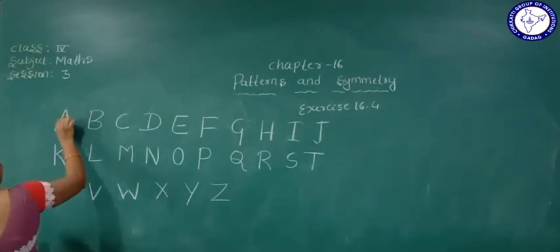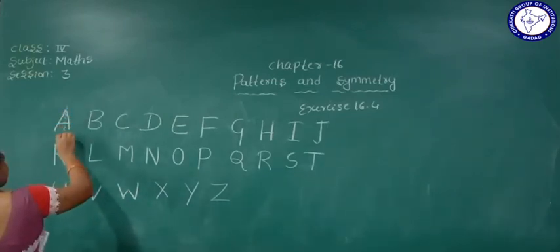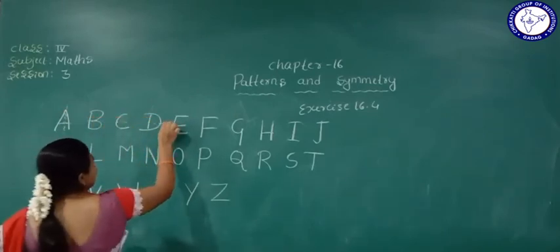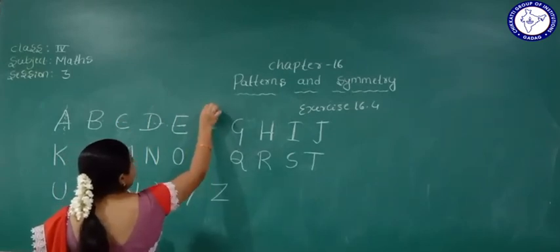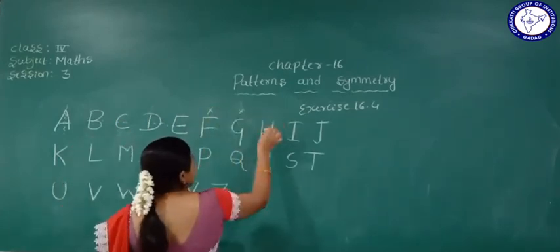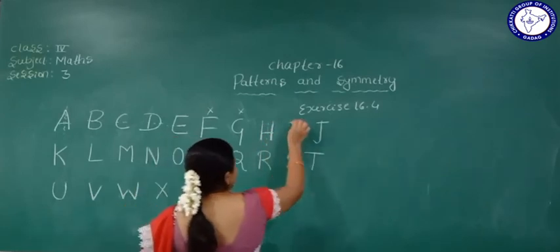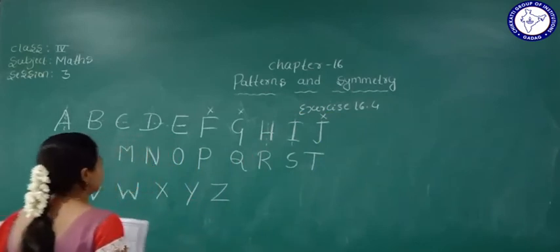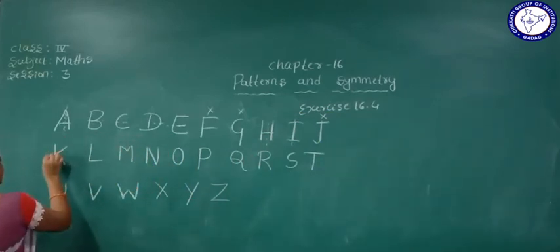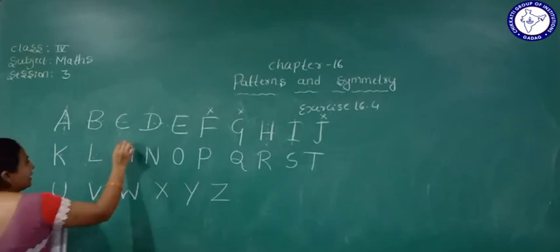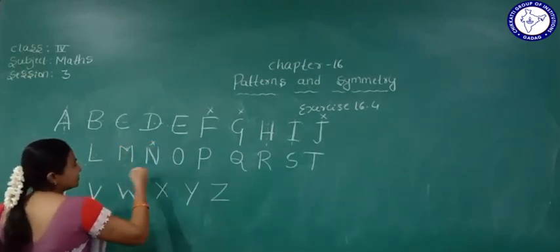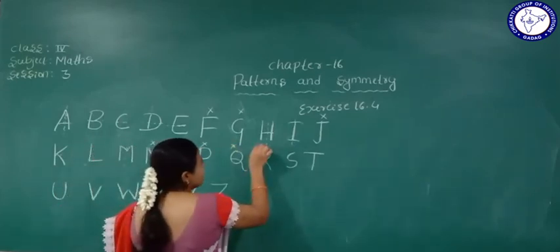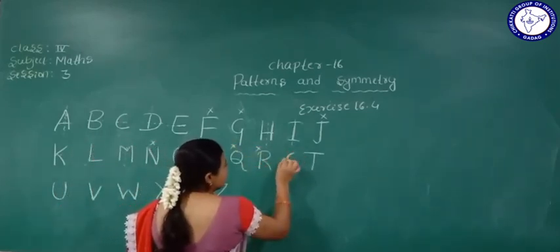Yes, so A has an axis of symmetry, B, then C, D, E, F does not. Z does not, H does, I also does, like this and like this. So J does not have an axis of symmetry. Okay, next K does, like L, M, N does not, O, P not, Q not, R also not, S. So does S have it or not?